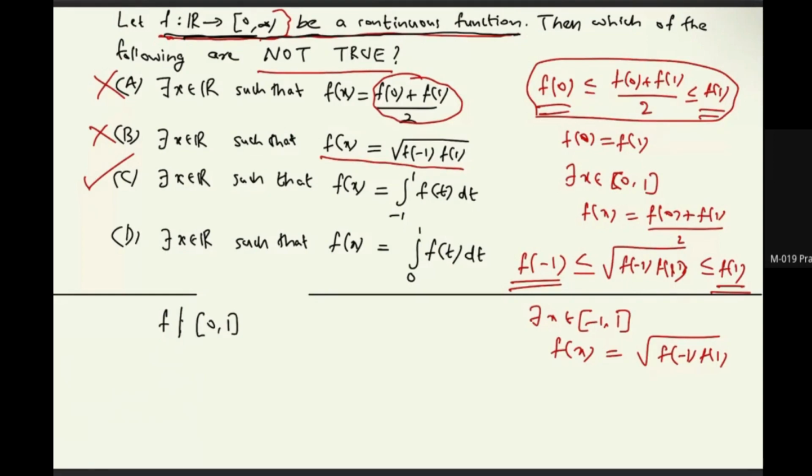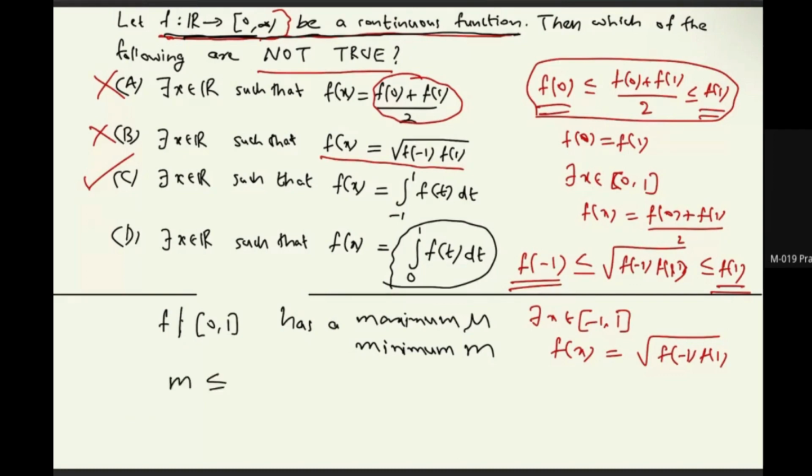So f restricted to 0, 1 has a maximum and a minimum, because we are considering f on the closed interval 0, 1. That means m is less than or equal to f of t, which is less than or equal to M, for all t in 0, 1.